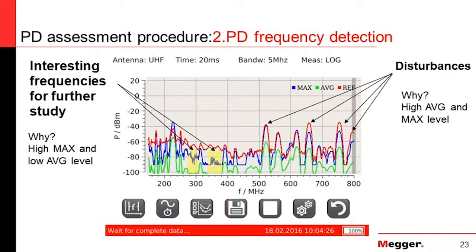But if it's partial discharge, the maximum should be considerably apart from the average. So anywhere in the frequency spectrum where you have a big gap between the maximum and average, that frequency is suspicious. You have to select that frequency, zoom into it, go to time domain, and do your analysis.